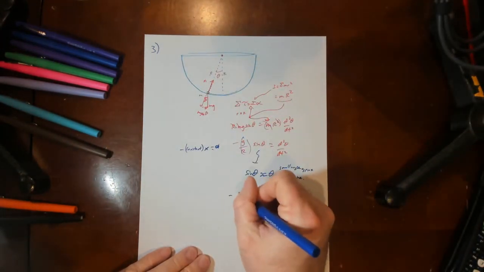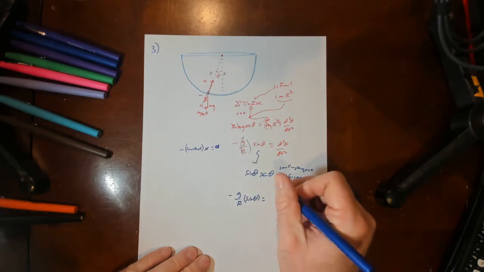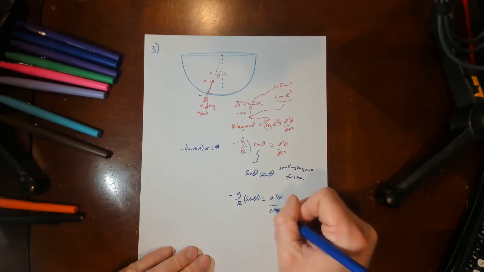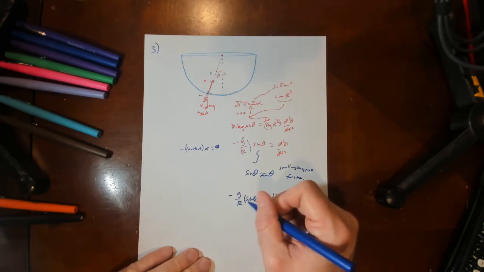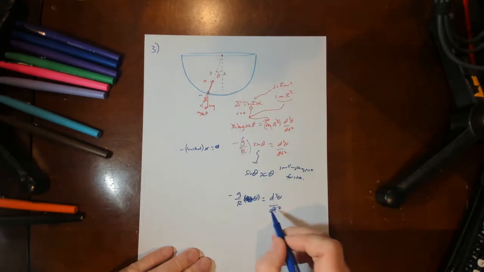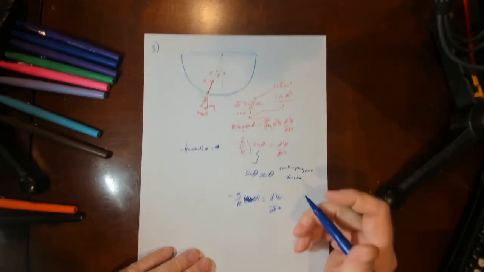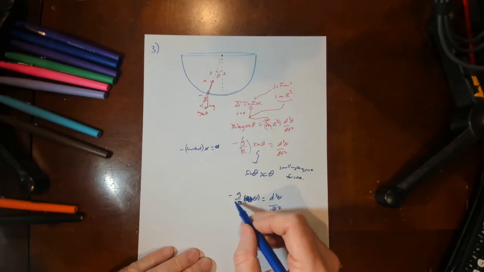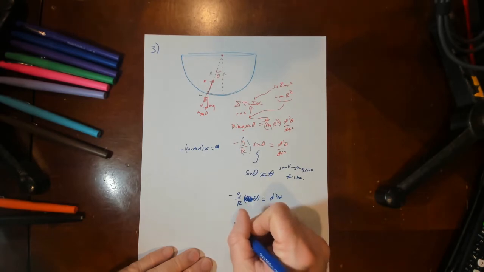So I've got negative g over r times theta is the second derivative. And that is the simple harmonic oscillator pattern. So we've shown that it's going to be a simple harmonic oscillator. And we know the coefficient here on the position, that's the omega squared.